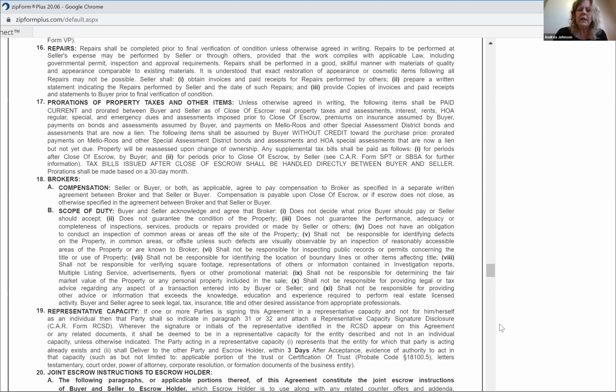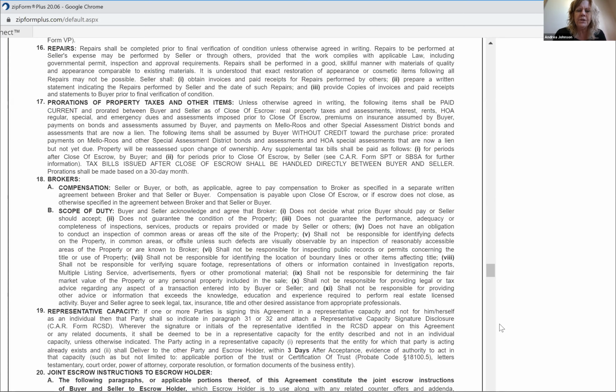It is understood that exact restoration on cosmetic items may not be possible. Like you may not be able to exactly match 20-year-old tile, for instance. Seller shall obtain invoices and paid receipts for repairs performed by others and prepare a written statement indicating the repairs performed by the seller and the date of such repairs.